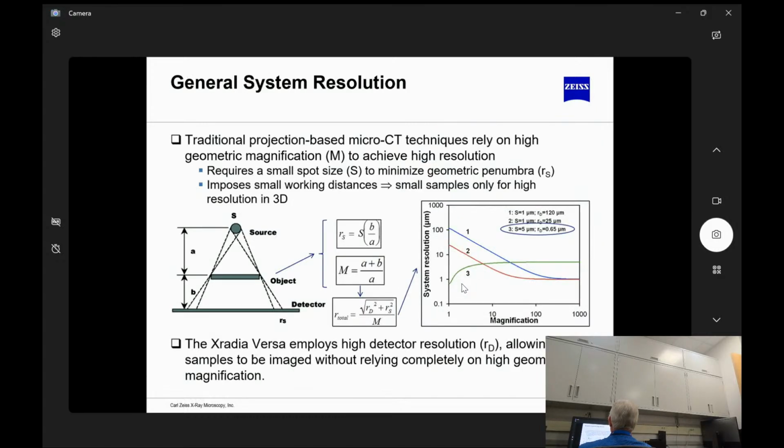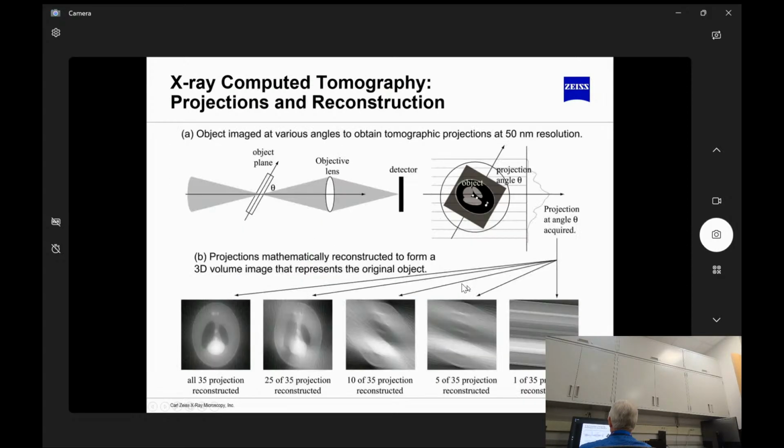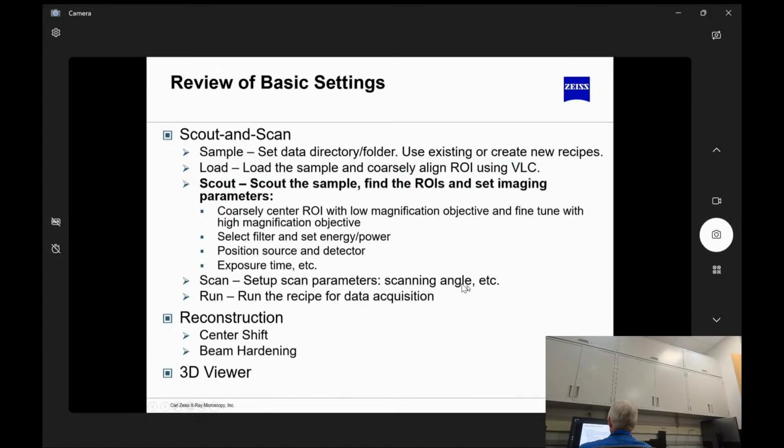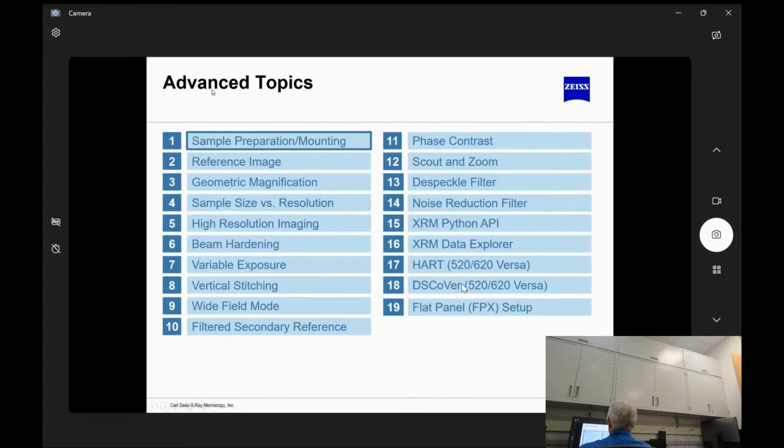So we have our geometric magnification. I'm going to go back to sample size versus resolution. Okay.